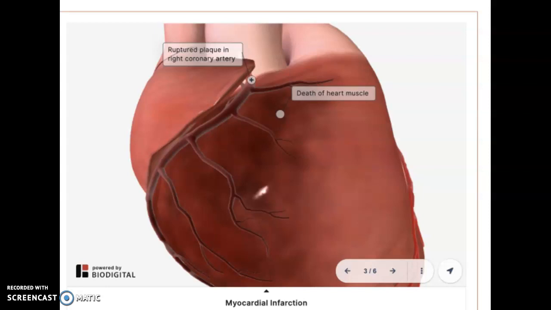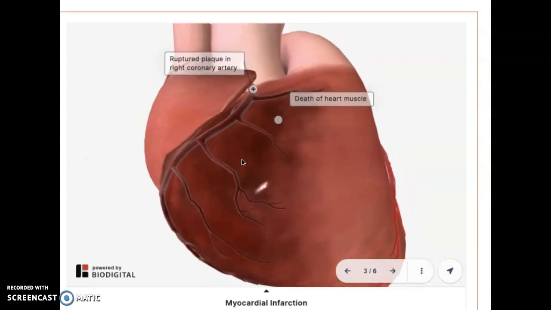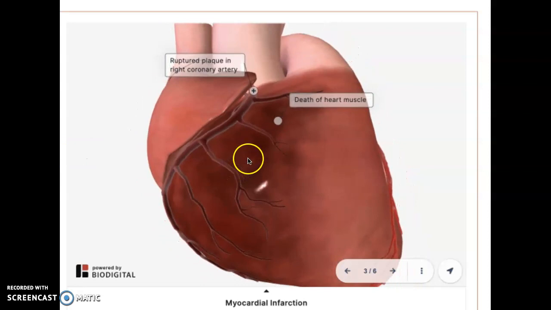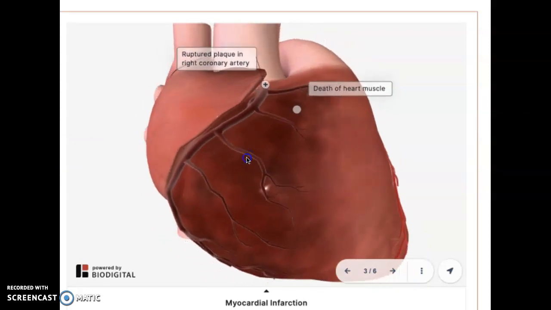Due to decreased oxygen supply and the death of the heart muscle, patients with heart attacks or myocardial infarctions experience immediate chest or arm pain, increased heart rate, sweating, fatigue, and nausea. And people do die of heart attacks. It's not that uncommon.